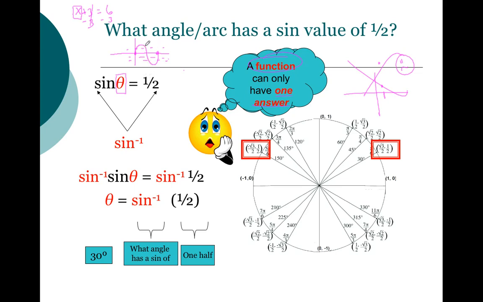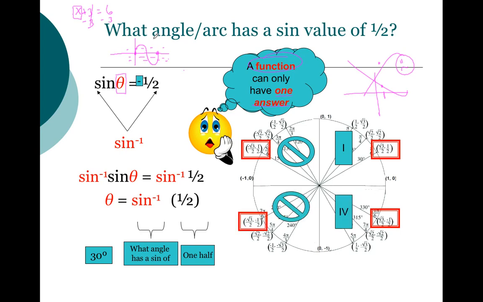So for sine, we restrict it to quadrant 1 if we're looking at positive values, and quadrant 4 if we're looking at negative values. Sine inverse is defined in quadrant 1 and quadrant 4.